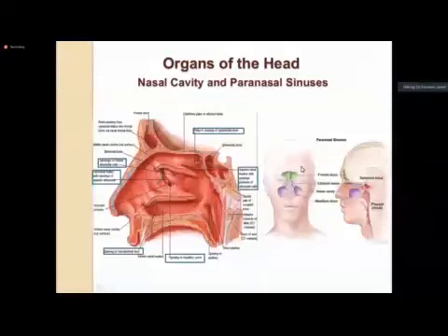Paranasals, they increase the resonance of voice. They basically prevent facial trauma. So all these are the functions of these nasal sinuses.